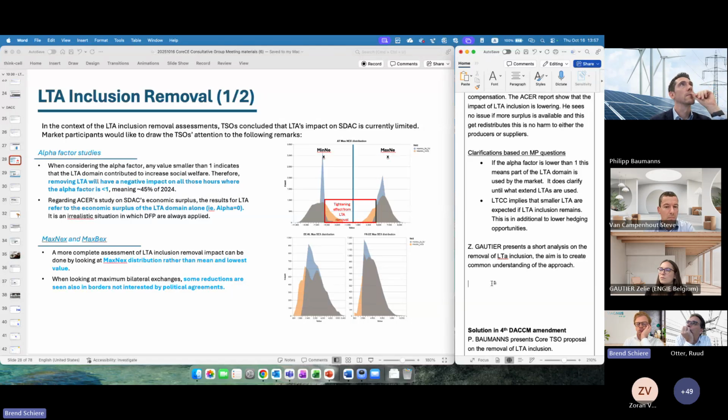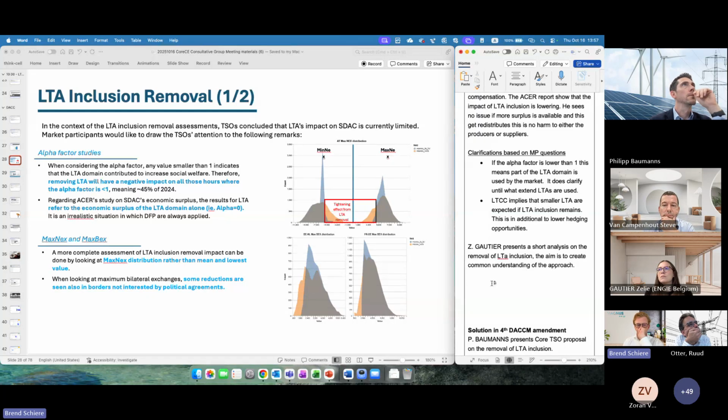They were presenting the mean and the lowest value. It's a way to show it for sure, but we believe that it's a bit more complete if we look at the distribution. So how the two distributions change when we consider or not consider the LTA inside the domain.